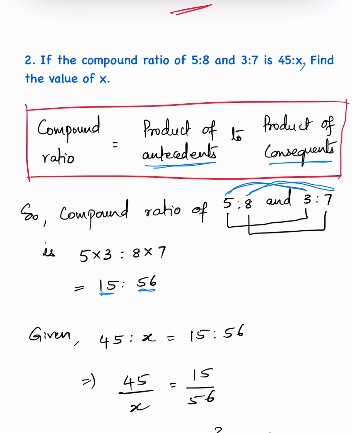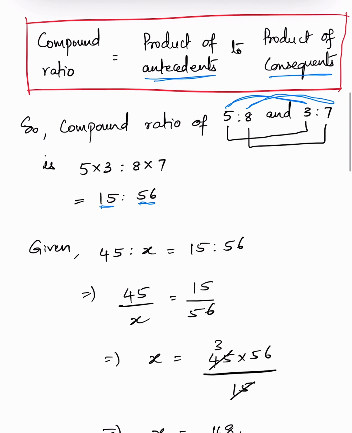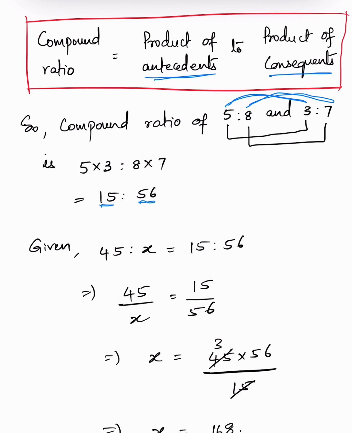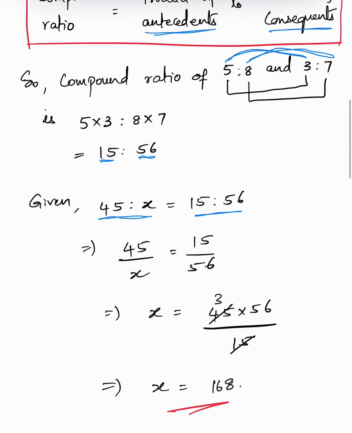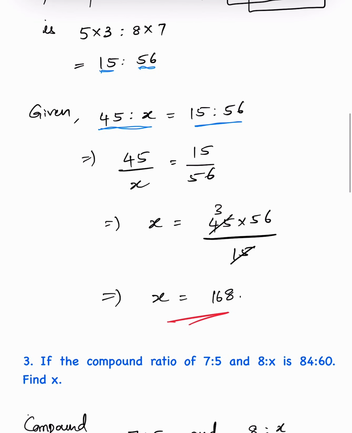But given that the compound ratio is 45:x, therefore 45:x equals 15:56. This can be written as 45 by x equal to 15 by 56. X equals 45 into 56 by 15. Therefore x equals 168.